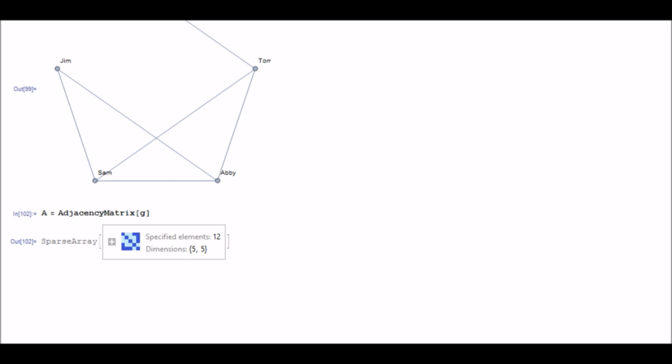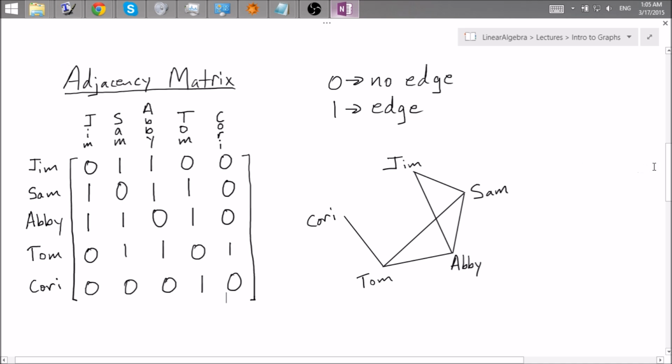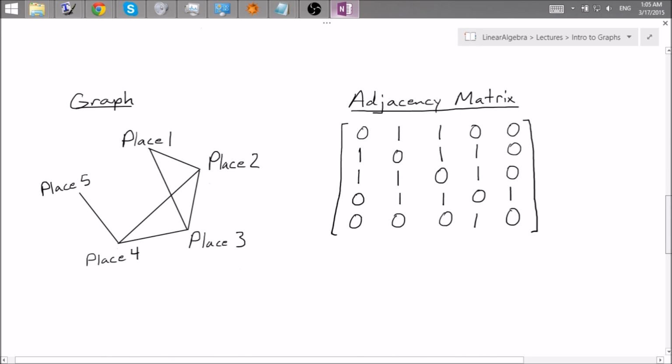Now we can go back to our document to look at some other properties of the graph. First though, let's do some relabeling. So we're going to relabel the vertices of the graph as places, so place 1 through place 5, instead of people. That's because I can think about distance between places more naturally than the distance between people. So the adjacency matrix encodes some other information.